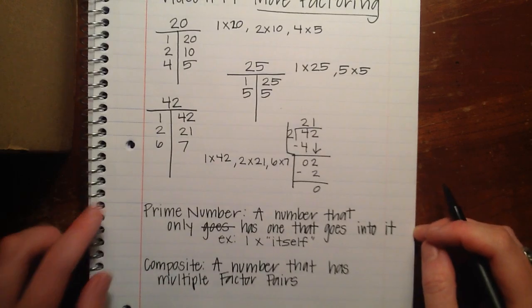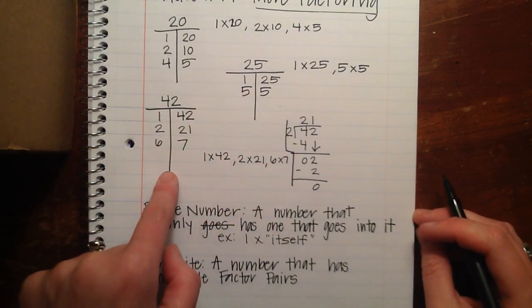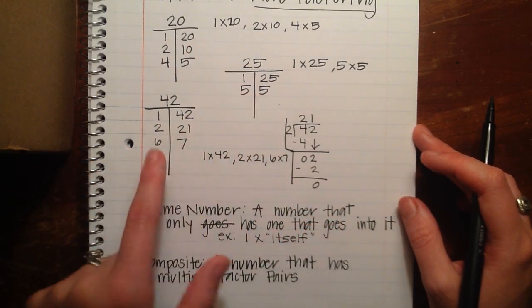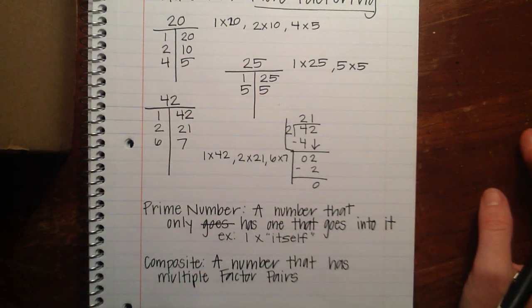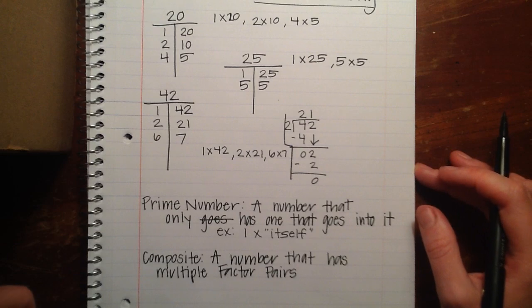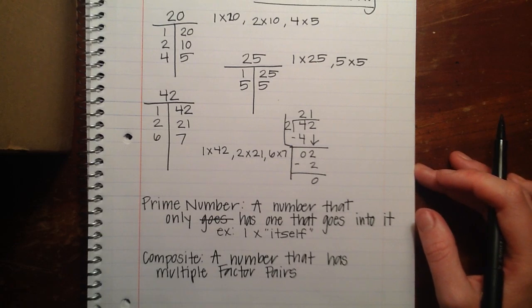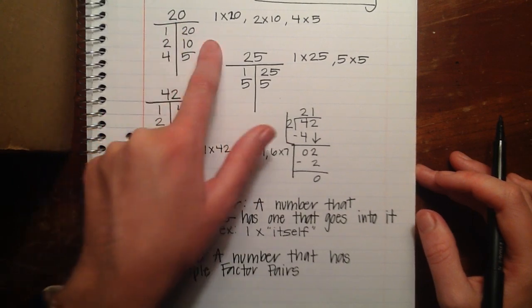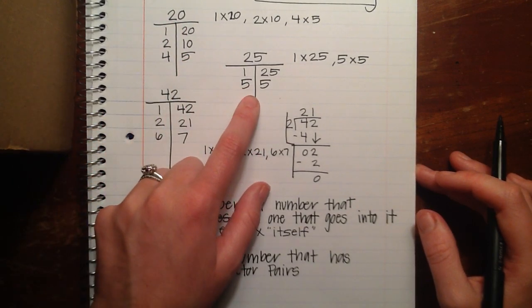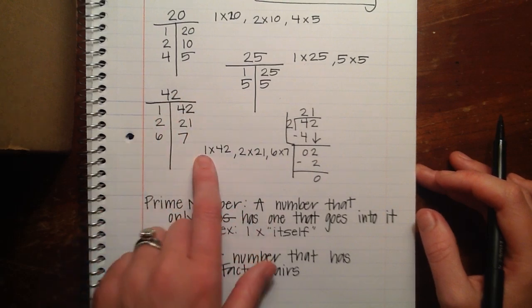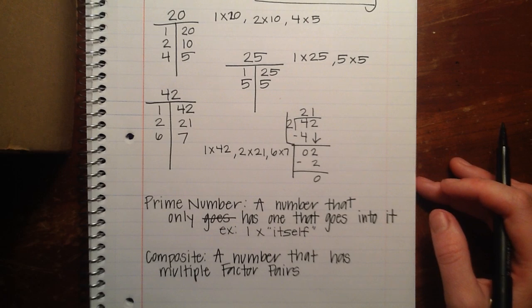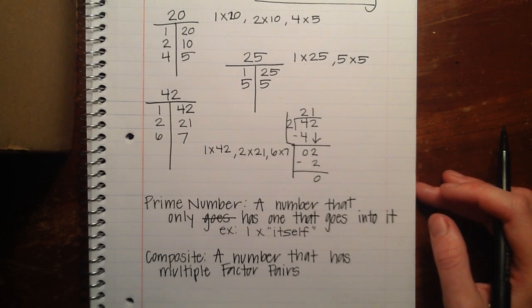So all these numbers we did, 20, 25, and 42, they are all composite numbers because they have more than one factor pair. See, this one has 3 factor pairs, this number has 2, and this number has 3. We are going to talk more tomorrow about how we know if a number is prime or composite. We're going to explore that.